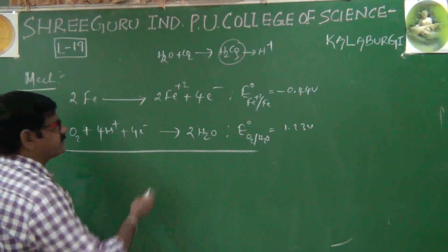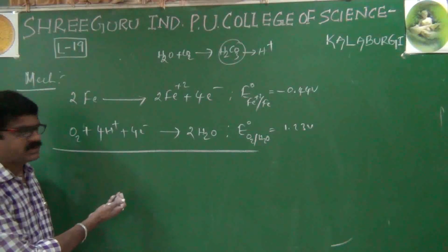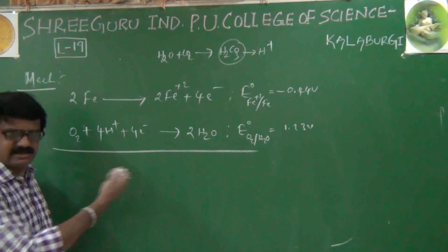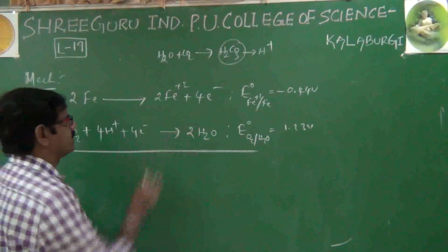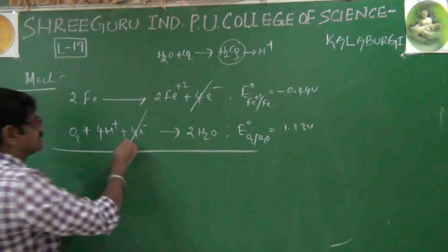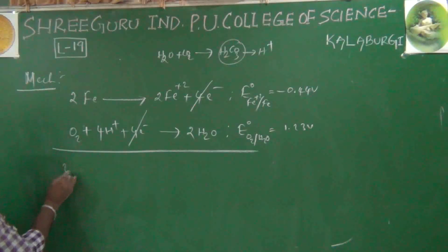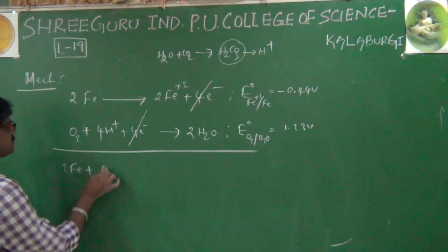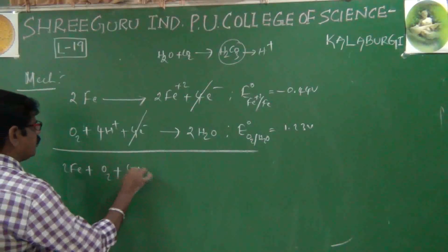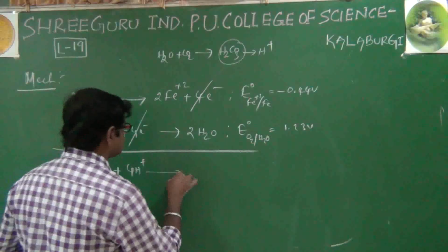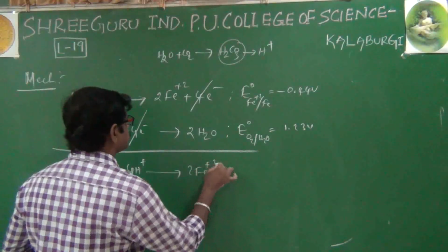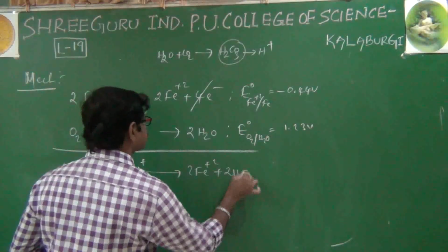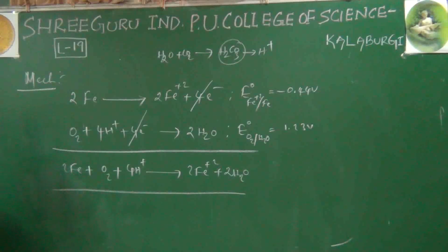We cannot say cell here, of course. Overall cell reaction is not a proper word. Overall reaction, that's it. Then the 4 electrons cancel, and you will get 2 Fe plus O2 plus 4 H plus gives 2 Fe plus 2 plus 2 H2O. Means initially what happened?